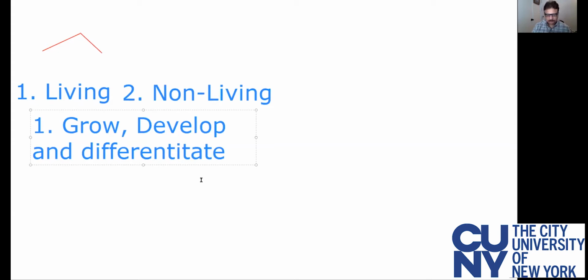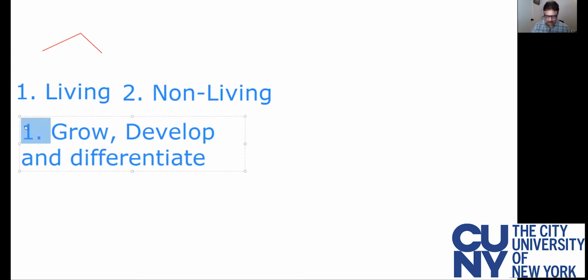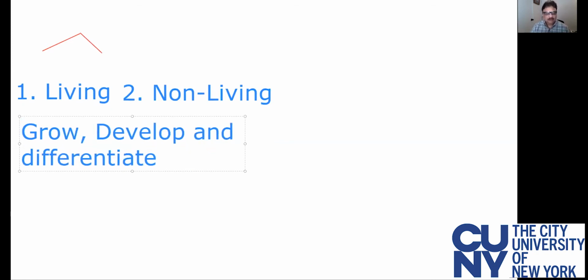These are the three properties of a living being that is not present in any non-living material.